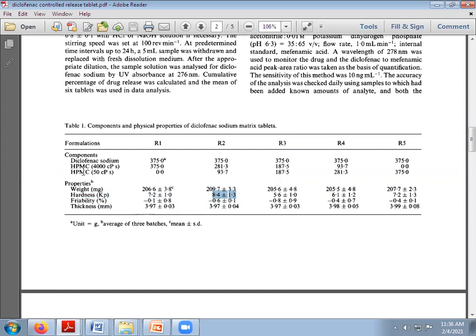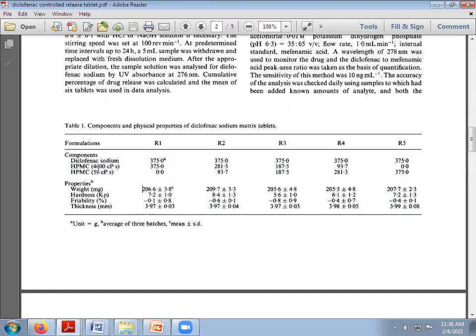And why? Because of the concentration of 4000 and the concentration of this HPMC. Here the concentration decreases again, because there may be variation in the various grades of the HPMC. So here we do not get a uniform flow pattern, because that viscosity and the concentration is most important.